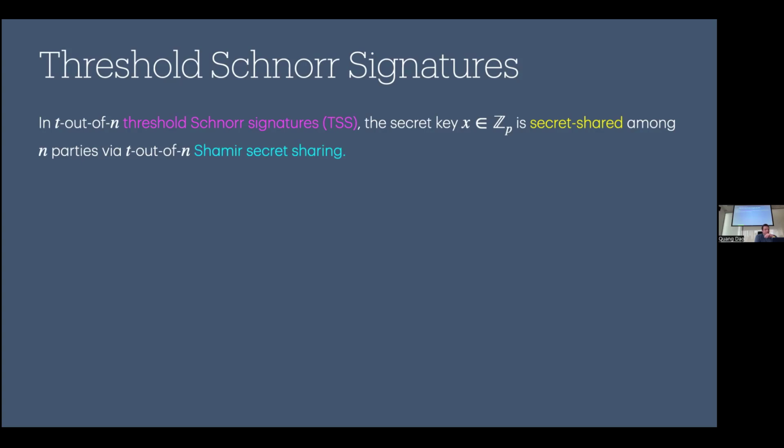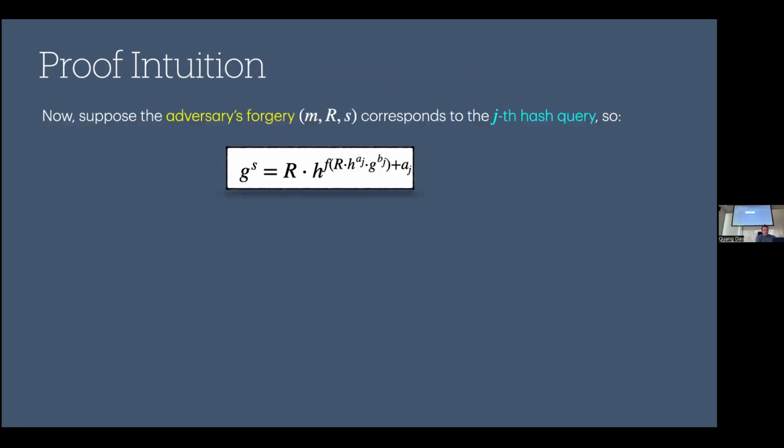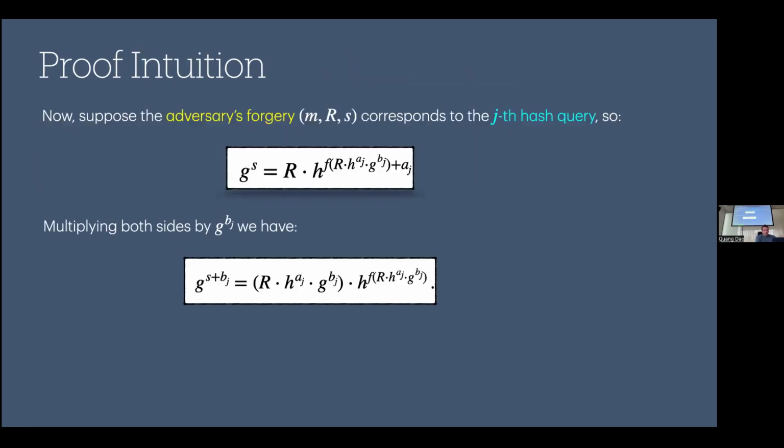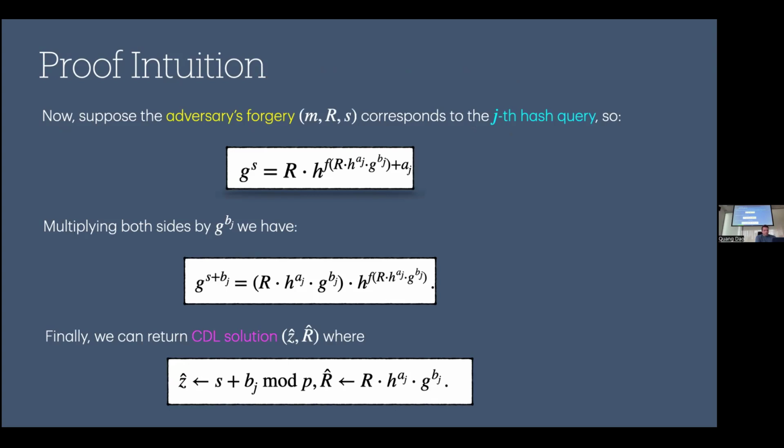Yeah, so now I want to talk about extension to threshold signatures. Before that, just a quick question about the previous slide. Why does this new R hat satisfy f of R hat is not 0? So AJ and BJ are random, right?